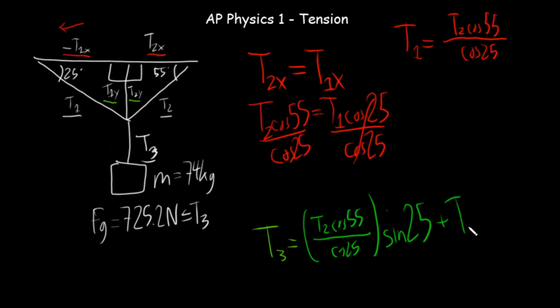Then we have T2 sine 55. Now this looks a bit tricky. Here's the tricky part. Forget the T's, just evaluate cosine 55 divided by cosine 25, multiply that by sine 25, and then add sine 55.